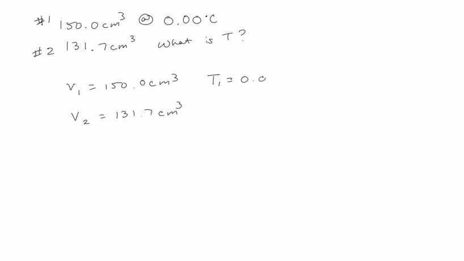So let's fill in the numbers we know. We need to keep the 1's with the 1's, so V1 with T1, and then V2 with T2. So I perform this arithmetic. 150 divided by 273.15, I get 0.549, and I'm going to end up leaving that in my calculator.